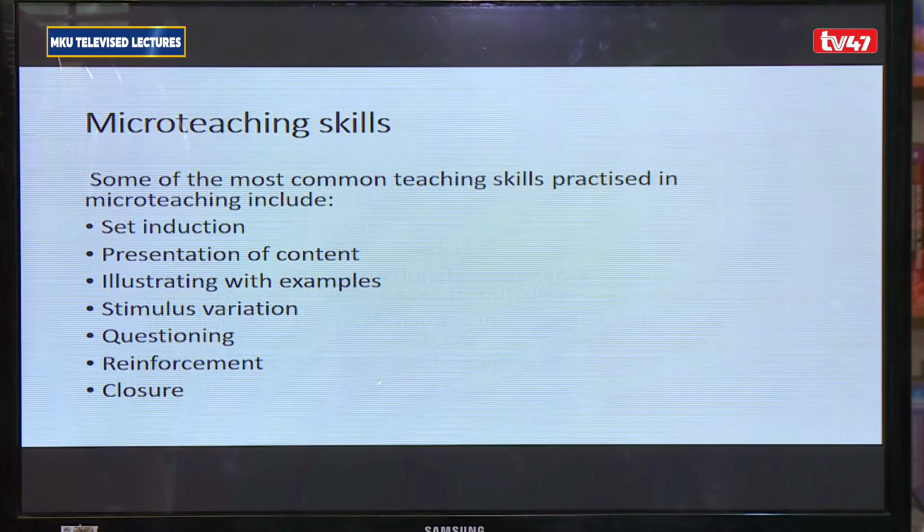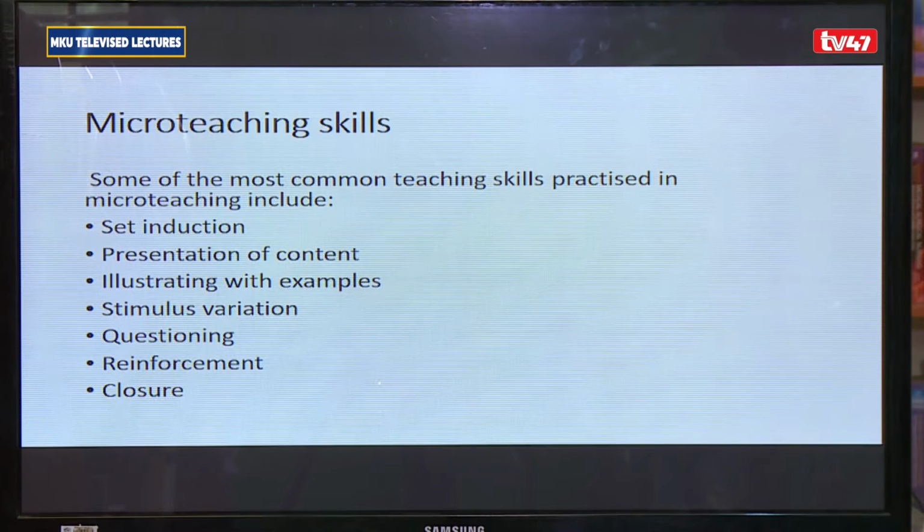So let's look at these skills that are practiced during micro-teaching. There are many skills, but we are going to look at the ones that are most common. And we start with the first one, set induction. Number 2 is a presentation of content, followed by illustrating with examples.